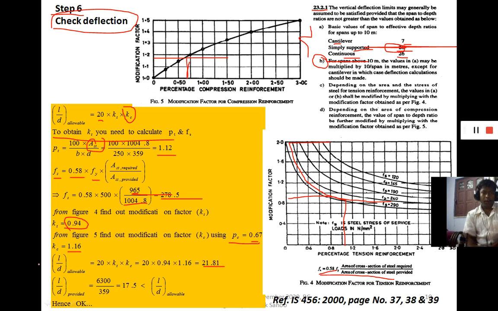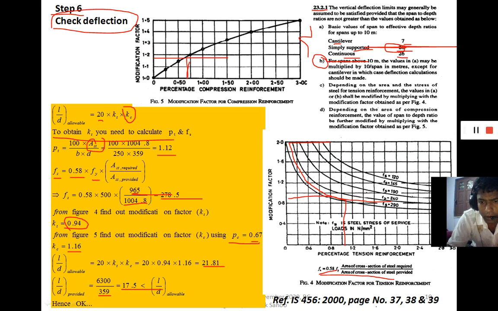Now the L by d provided: L means the effective span, which is 6.3 meter, and d is the effective depth, 359. We get 17.5, which is less than L by d allowable. So hence okay.